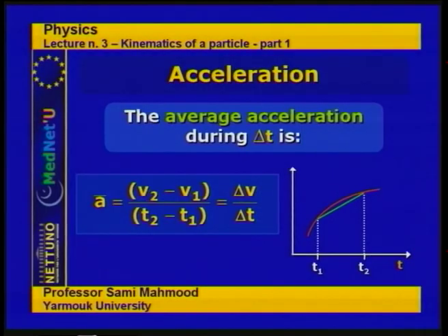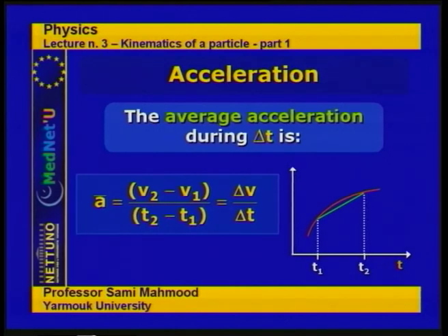And graphically, if the velocity is plotted on the vertical scale with time on the horizontal scale, then the straight line in green here between t1 and t2 connects the two points in time during which the motion took place.